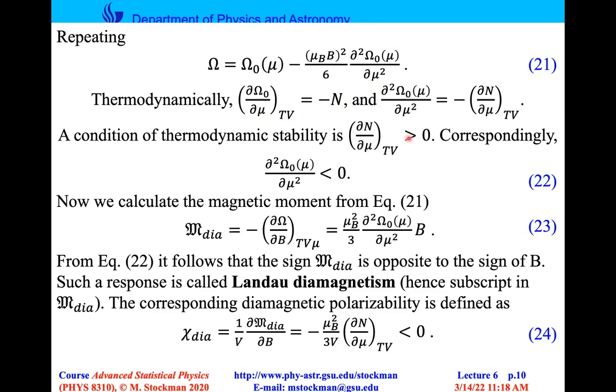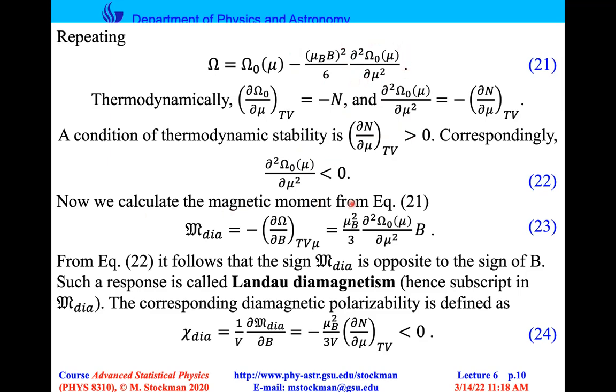It is one of the conditions of thermodynamic stability. It is the derivative of an extensive quantity over the corresponding intensive one. This must always be greater than 0 for any pair of intensive and conjugated extensive variables. Correspondingly, the second derivative is negative. So this term is negative, and this term altogether is positive.